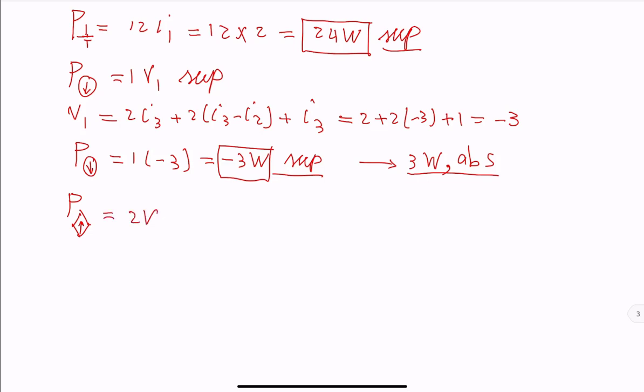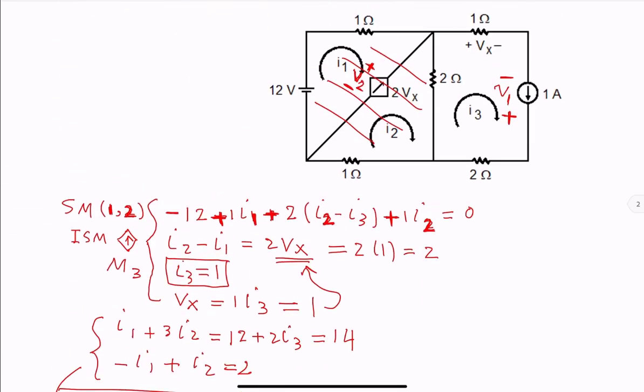Two Vx, that's the current, times V2, the voltage. So that's 2 times 1 times V2. And let's look at V2.